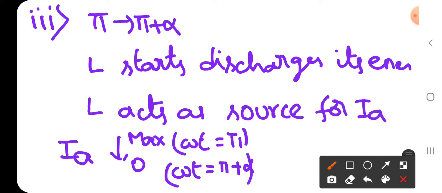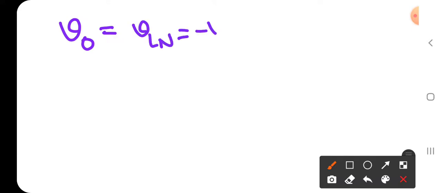And during this, what happened to the output voltage? The output voltage V0 is equal to VLN only, which is negative, because during the negative half cycle it is negative only.